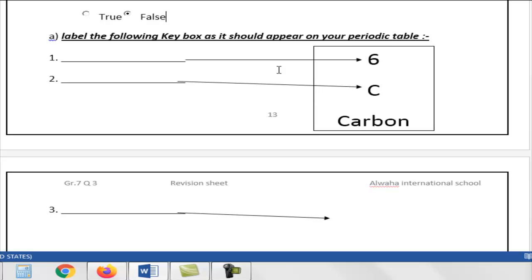Here, 6 is the atomic number, this is the chemical symbol, and this is the chemical name. So this is the atomic number, and this is the chemical symbol, and this is the chemical name.